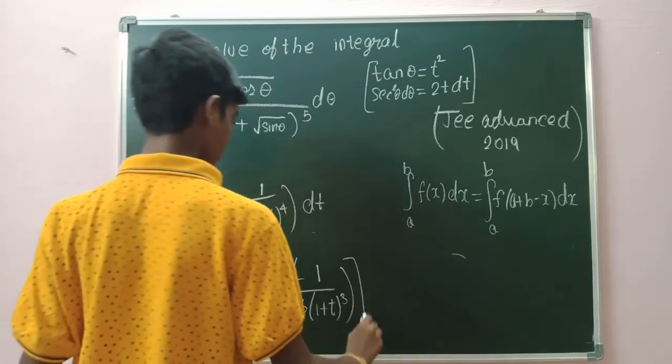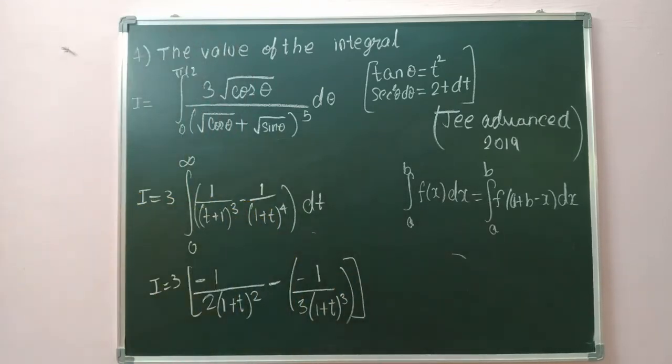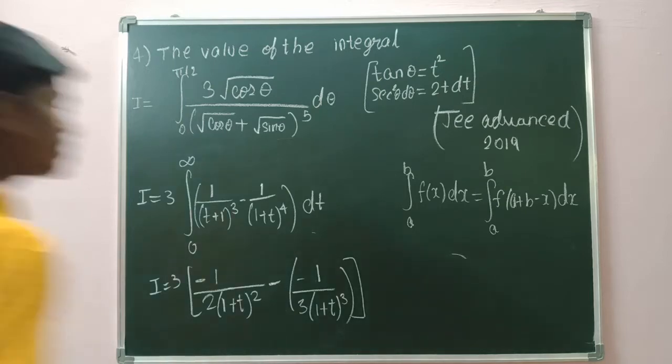Check and say: I is equal to 3 into [minus 1 by 2 into (1 plus t) square, then minus of minus 1 by 3 into (1 plus t) cube], and the limits are from 0 to infinity.